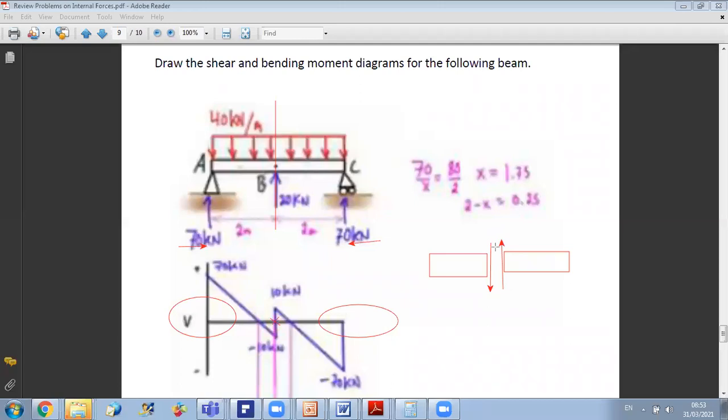This will justify why you have symmetry with respect to this point. Because if I do a cut here and keep the left part, and then do a symmetrical cut from the other side and keep the right part, the shear should be opposite.